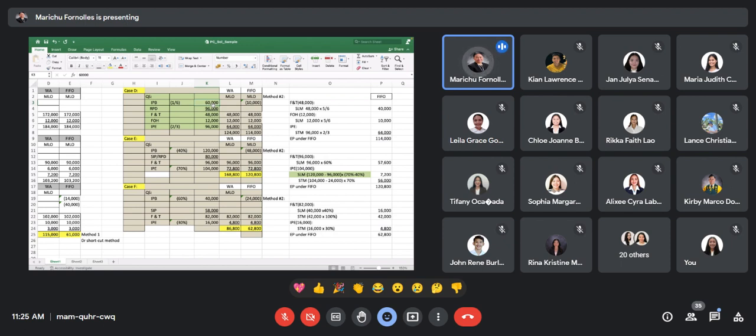Therefore, our conclusion is that all of the F&T were started last month. All of the 48,000 were started last month, part of the 60,000.